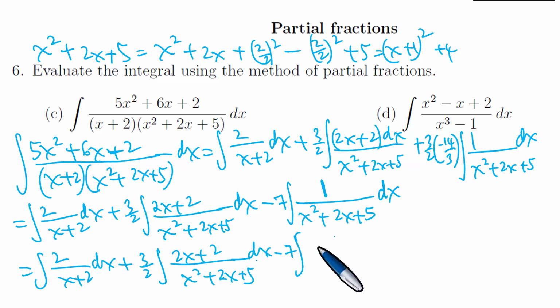The integral of, now when you come to this one, it's 1 over x + 1 squared + 4 dx. So we have this. And then we are almost getting the answer, and we have the following to do.